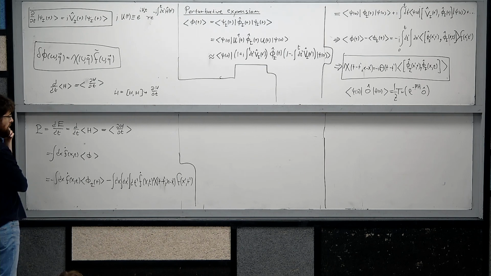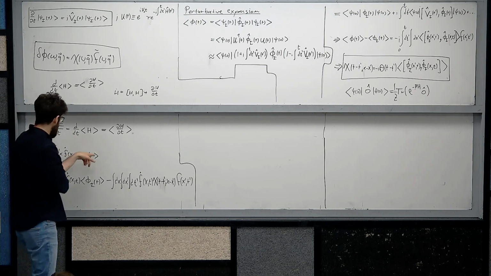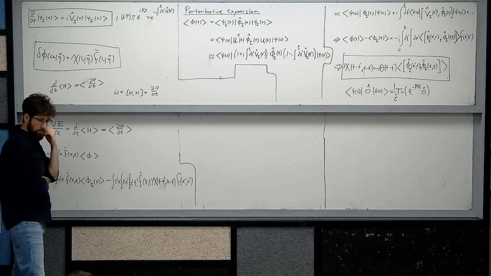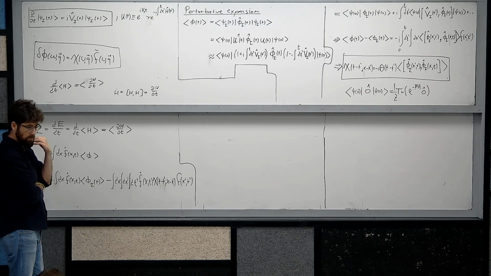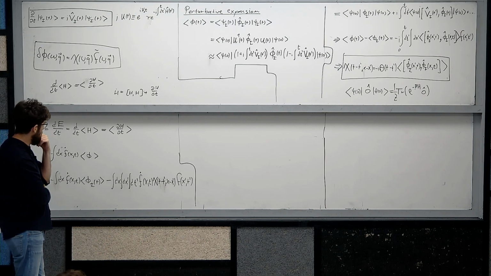So what does Ehrenfest tell us? If you want to take the time derivative of any operator and then calculate the expectation value, you need to take the commutator with the Hamiltonian plus the partial derivative of the operator, the explicit one.